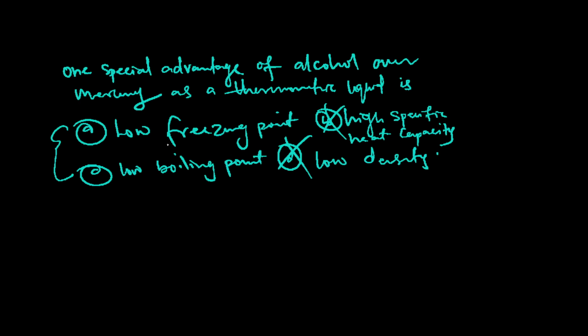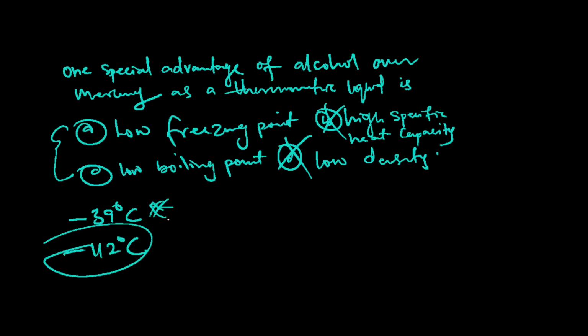Get the question. The normal question is one special advantage of alcohol over mercury as a thermometric liquid. Adebayo said the correct answer there is low freezing point, which I agreed with him. Because for mercury, the freezing point is minus 39 degrees Celsius, while for alcohol, it's minus 112 degrees Celsius. So with this low freezing point, it can measure a very low temperature, which mercury cannot.